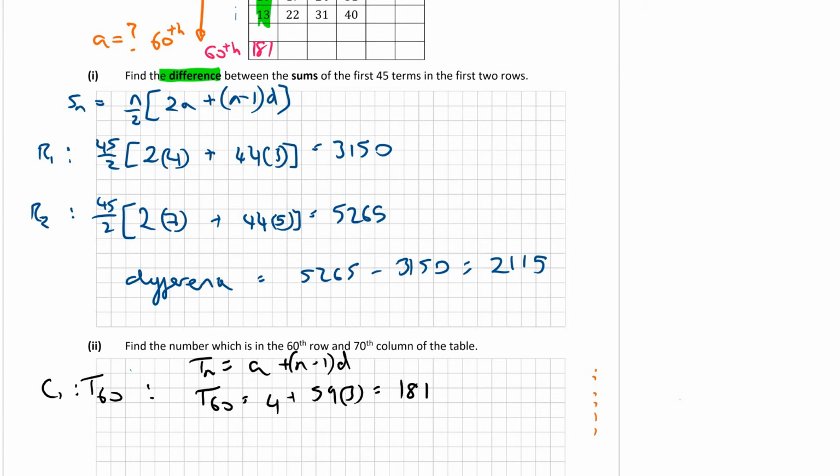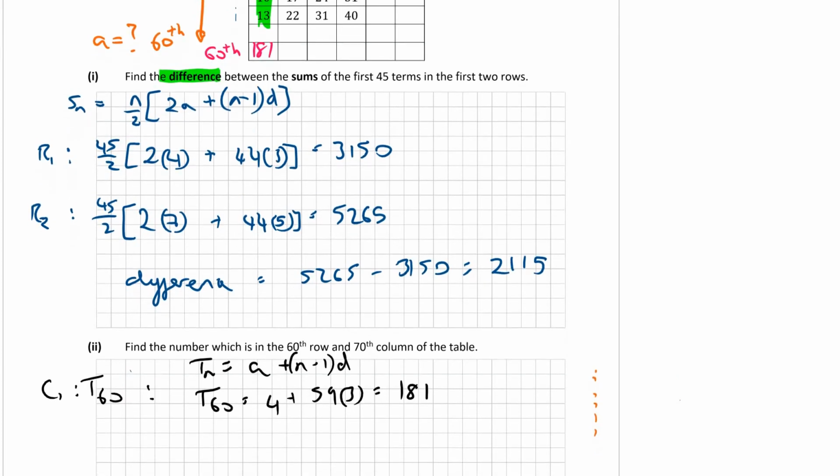I'm looking for the number which is in the 60th row, but also the 70th column. So I need to go across to the 70th column down there, and find that number, which is the 70th column and the 60th row.